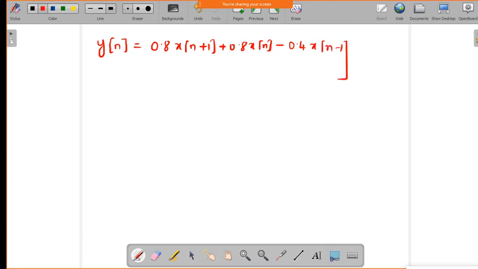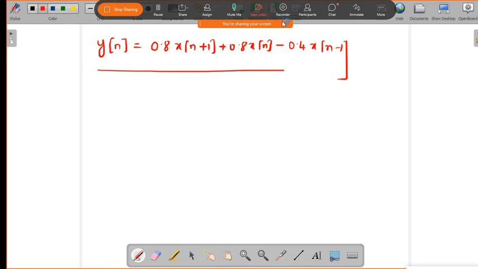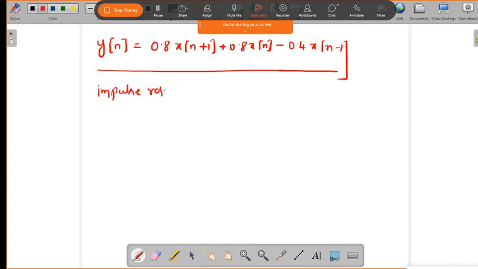Okay. So, this is the input-output relation of an LTI system. First you need to find what the impulse response of this system is. Then you have to find whether this system is memoryless, causal and stable. And also find out the output.